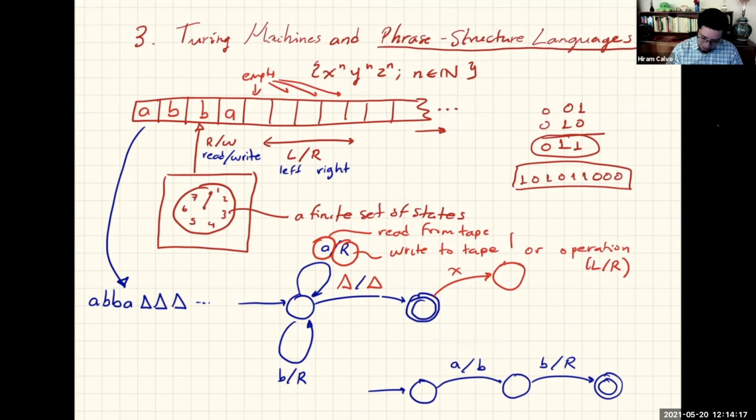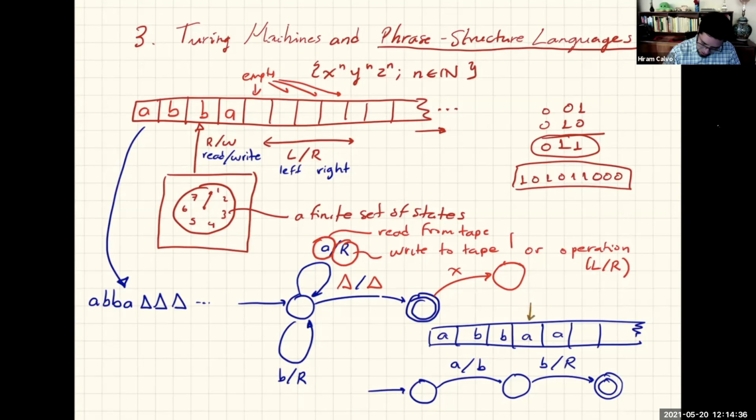Let's draw it and let's do a simple execution of this machine. Let's suppose we have something like this tape, and we have A, B, B, A, and empty spaces. So let's suppose we are standing on this cell, and then we start this machine.